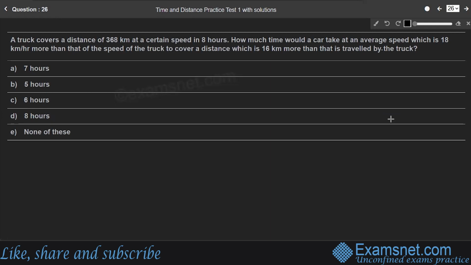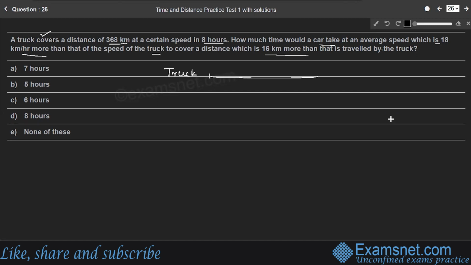Question 26. A truck covers a distance of 368 km at a certain speed in 8 hours. How much time would a car take at an average speed 18 km/h more than that of the truck, to cover a distance which is 16 km more than that traveled by the truck? So we'll consider a truck moving with a certain speed.